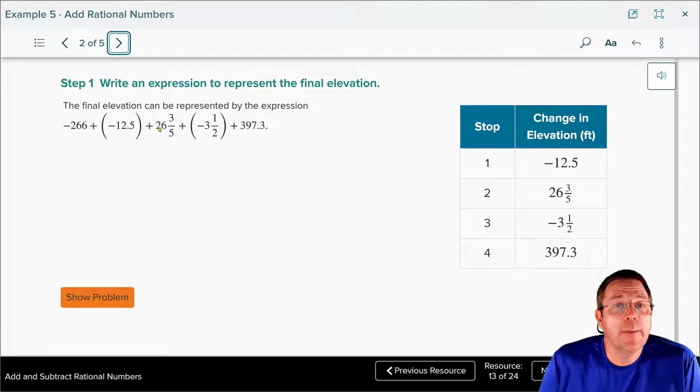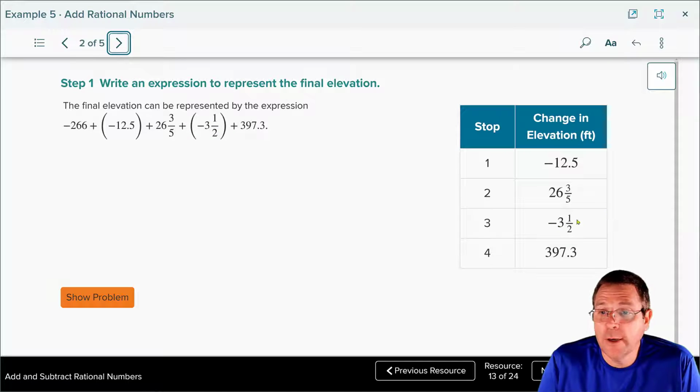And then you added a positive 26 3/5 feet right here. You went up. And then you added a negative 3 1/2 feet right here. You went down. And finally, you added a positive 397.3 feet, which means you are out of the depths of Death Valley. You're going to be above sea level for the final answer.